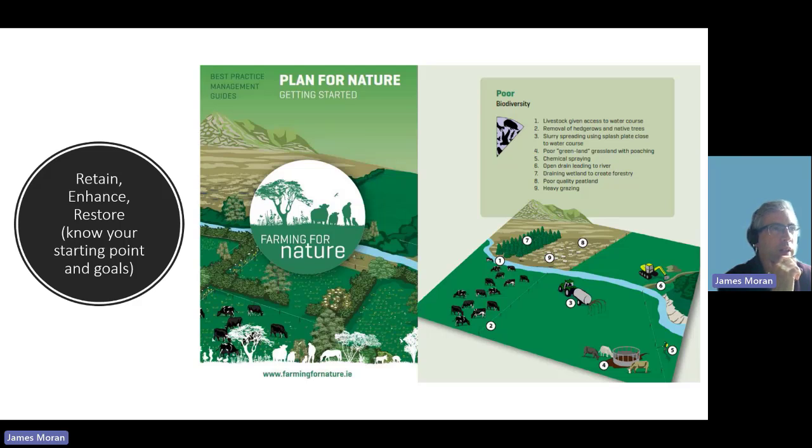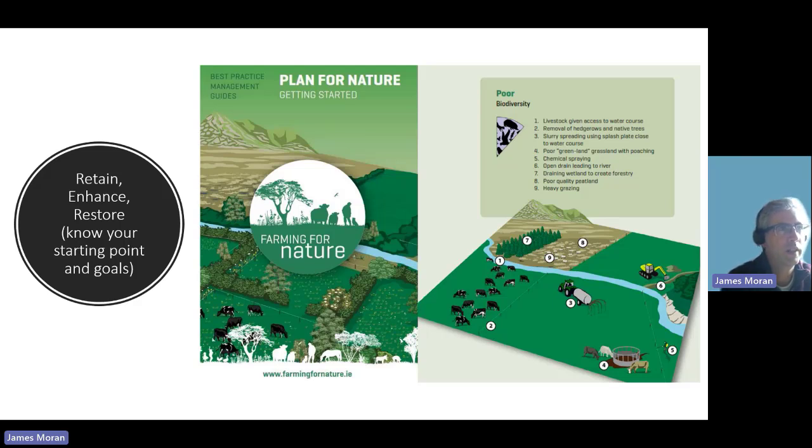You see the livestock have direct access to the water course. There has been removal of hedgerows to create paddock systems in the past. There is drainage of the wetlands to create forestry and direct connections between the field drainage systems and the river system itself. In this context, there's little space for nature in the semi-natural ecosystems that are there.